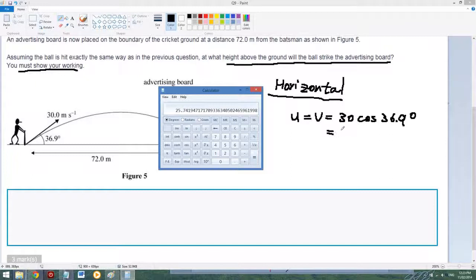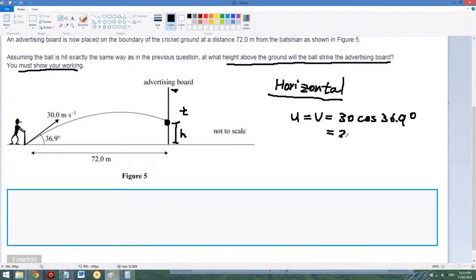Now let's do it on the calculator. 36.9 cosine times 30. 25.74 meters per second.